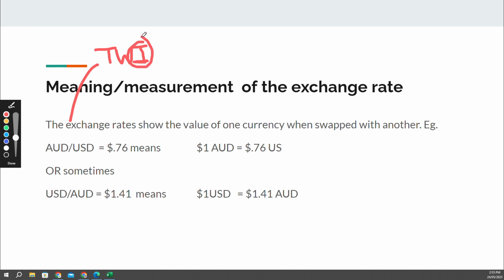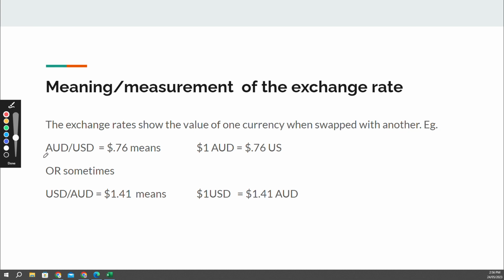Remember, an index collates or simplifies complicated numbers down to one easy to read number. What the trade weighted index does is it takes a number of exchange rates, those of our major trading partners, and turns it into an index. So an exchange rate is either a currency pair, one currency compared to another, or it's the trade weighted index, which is just another way of expressing exchange rates.